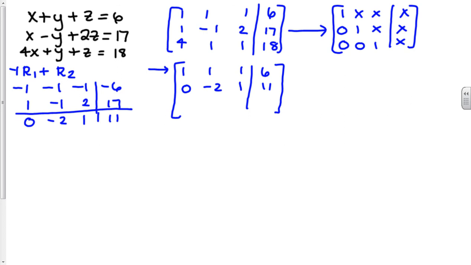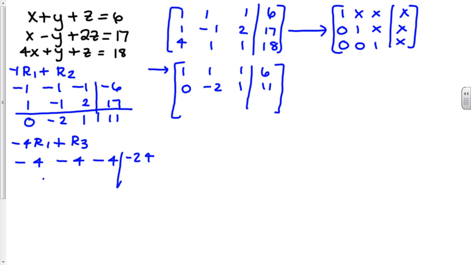Now before I write the third row, I want to look at what I need. I need this bottom number to be a 0. So in order to make this 4 a 0, I'm going to multiply row 1 by a negative 4, and I'm going to add it to row 3. So if I multiply by negative 4, I get negative 4, negative 4, negative 4, negative 24.